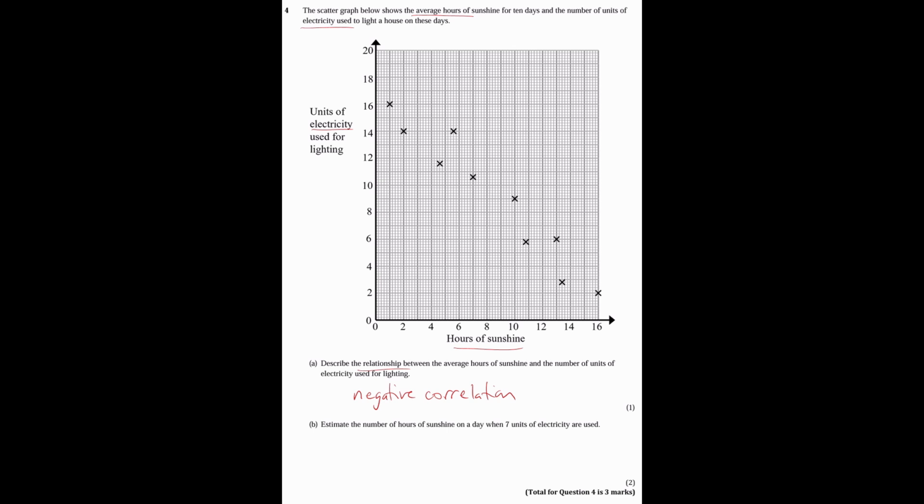Estimate the number of hours of sunshine on a day when 7 units of electricity are used. So what we need here is the line of best fit. So I'm going to try to balance it now. So I've got 5 points on either side. Okay, and 7 units.